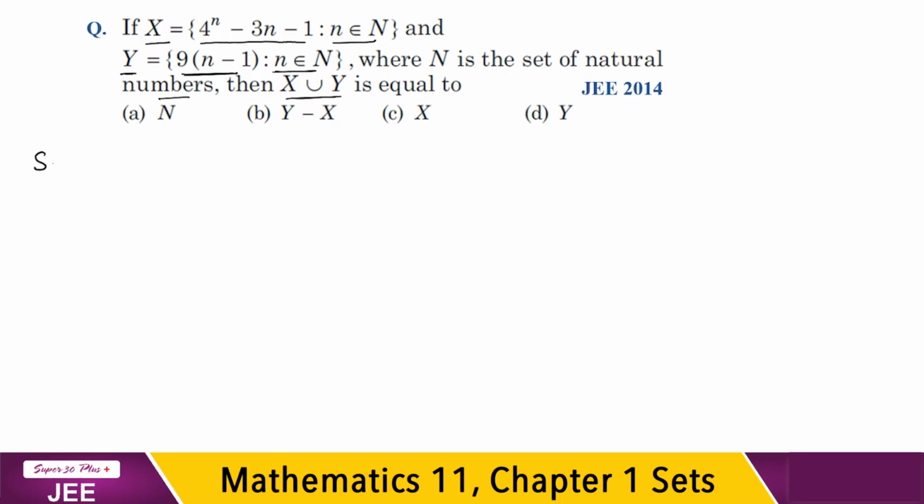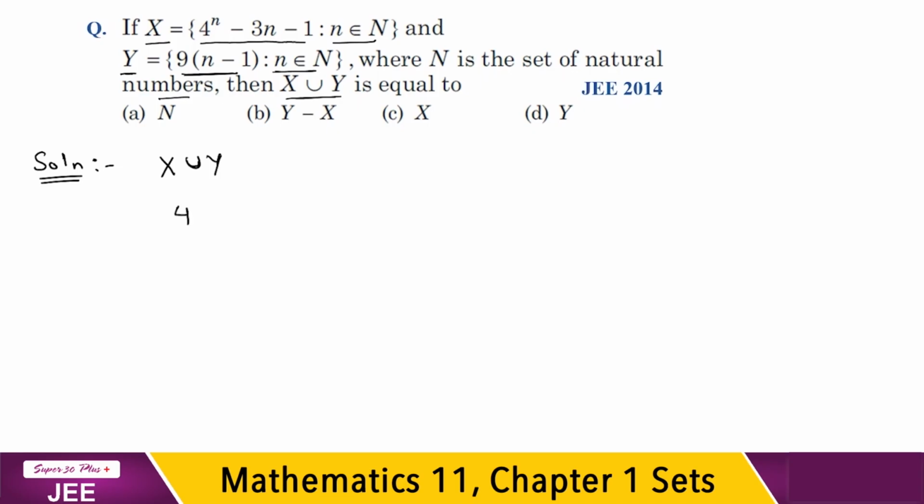So let's begin with the solution part of this question. For determination of X union Y, we will have to first see about set X and set Y, which one of these two is larger or whether there is any relation between them or not.